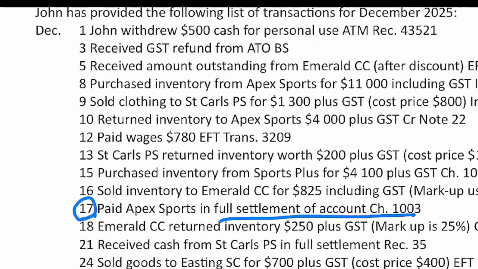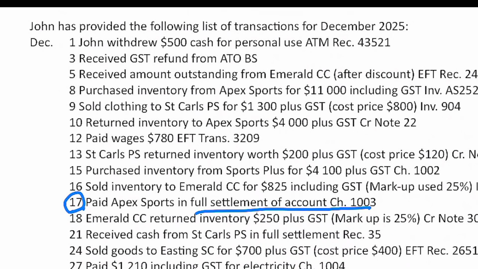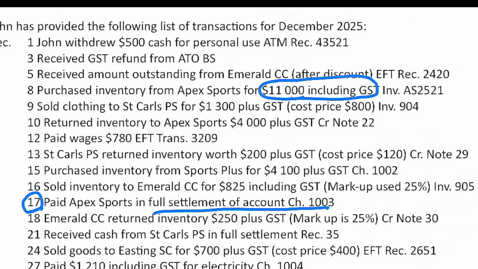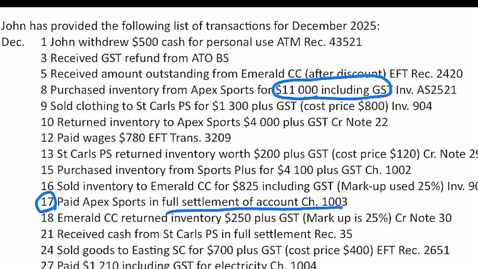Now we purchased, sorry my bad, we purchased 11,000 including GST. That means we owe Apex 11,000 from the 8th. Then on the 10th, we returned 4,000 plus GST, which is 4,400.